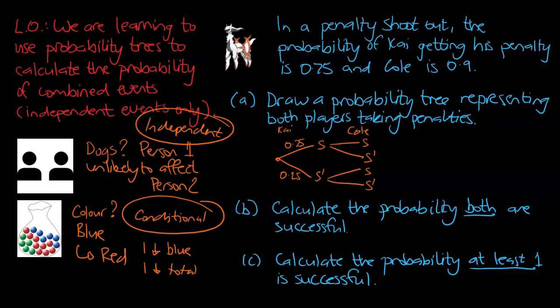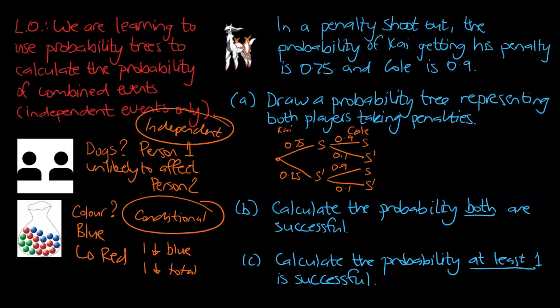And this branch here is 0.9 because the probability of Cole scoring was 0.9, and the same here, 0.9, the probability of Cole scoring. The remaining one is 0.1 because this whole branch has to add up to 1. And the same below, this whole branch here has to add up to 1.